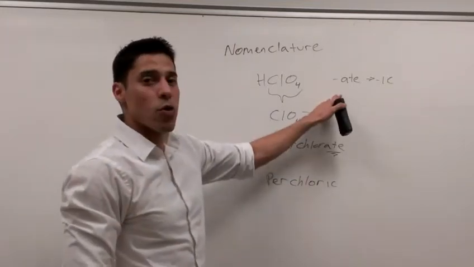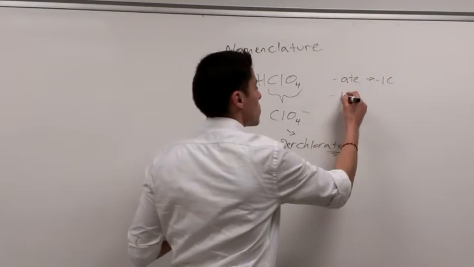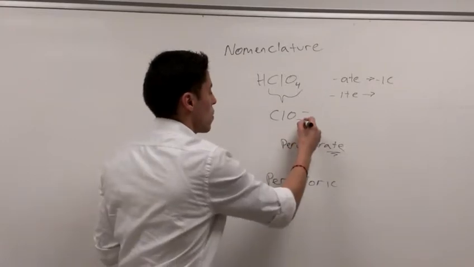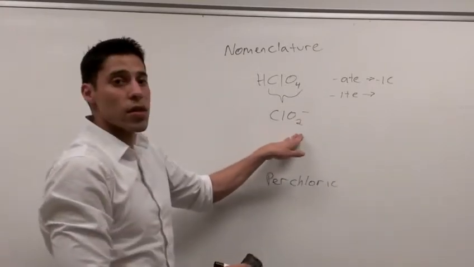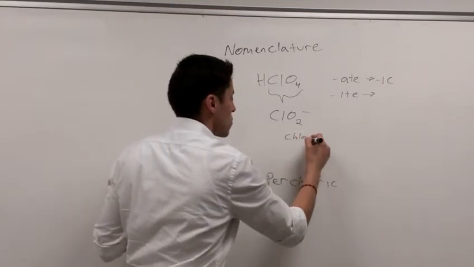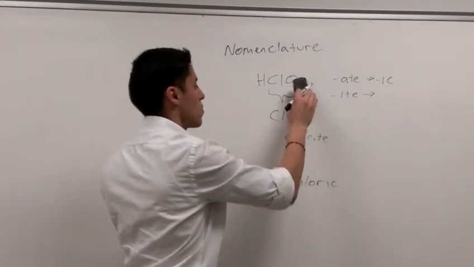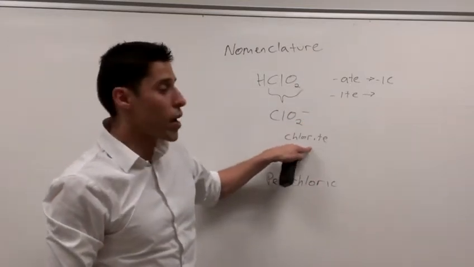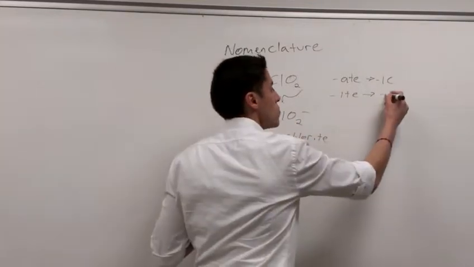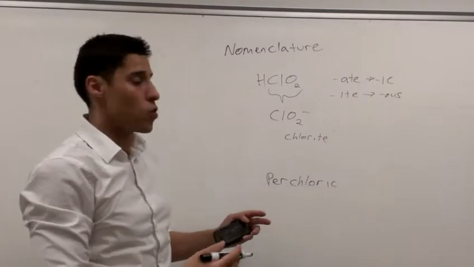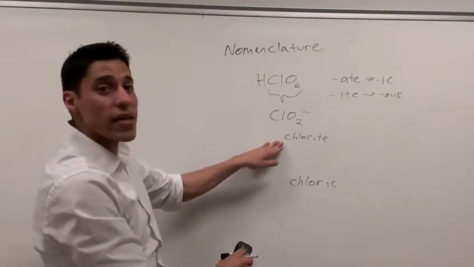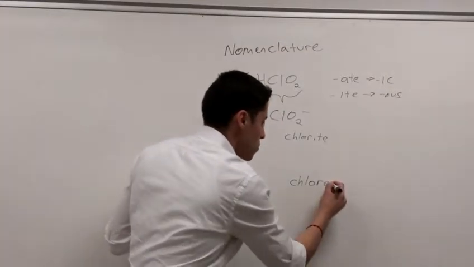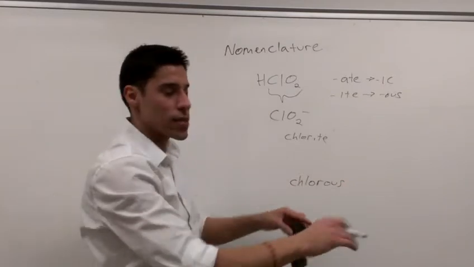If the oxyanion ends in ite, as in chlorite, the acid ending is going to be os. Chlorite doesn't have a prefix, so we're not going to include a prefix here. It's just going to be chlorous acid.